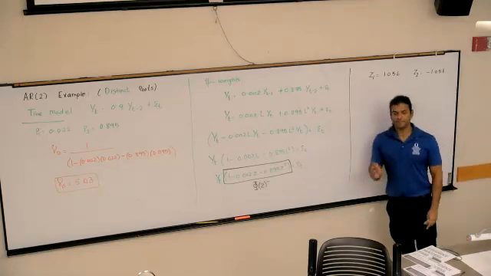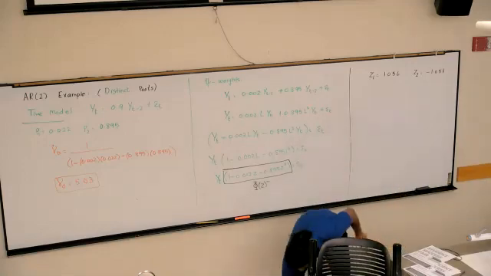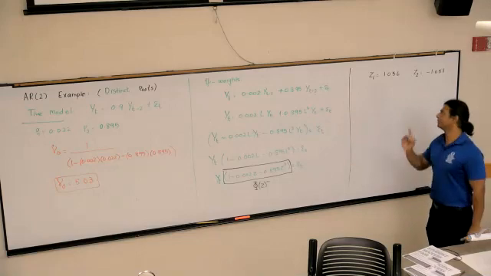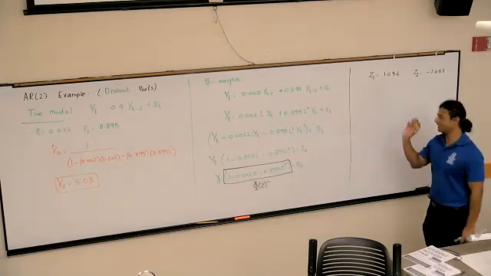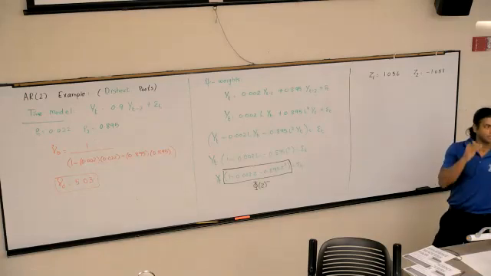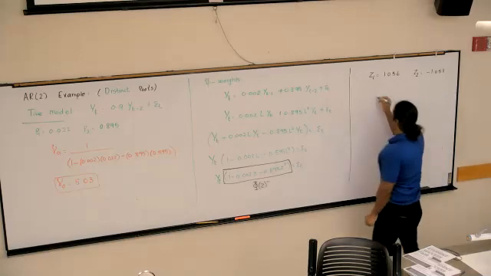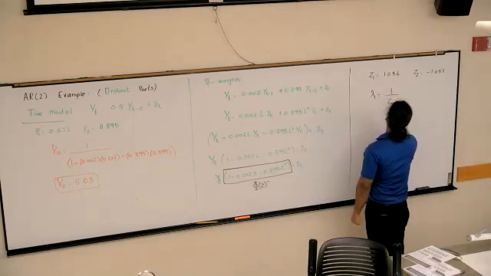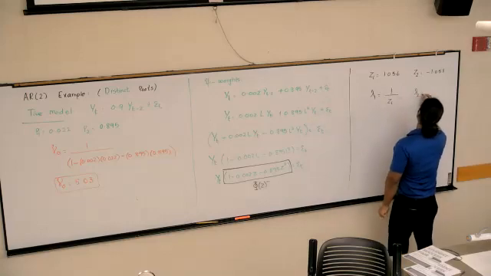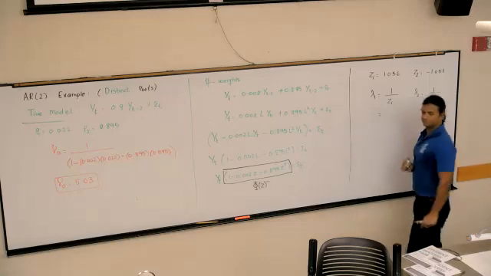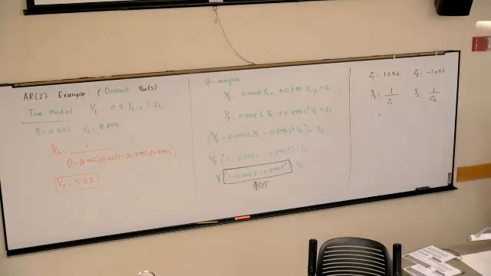Now, how do we find these psi weights? First we've got to find the lambda, then we have to find the C, which is why we focused a lot on difference equations at the beginning of the semester. So lambda 1 would simply be 1 over z1, lambda 2, 1 over z2, which is 0.99 something.